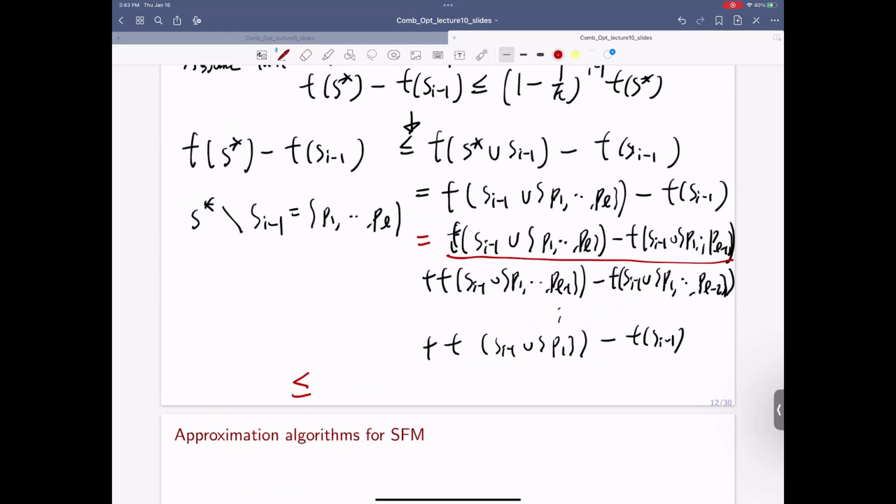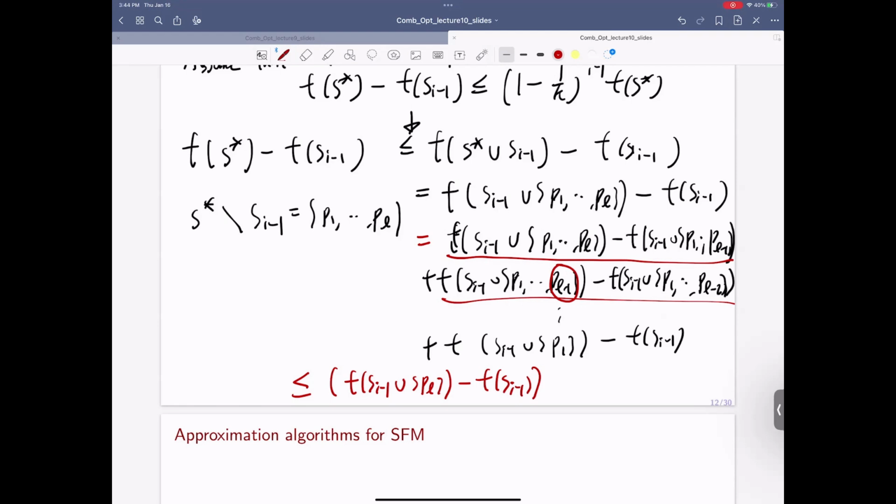What we take is we are adding PL to the set S_{i-1} union the first L minus 1 elements. So the first term is less than or equal to f of S_{i-1} union PL minus f of S_{i-1}. Now we are including P_{L-1} to the set that includes up to the first L minus 2 elements.